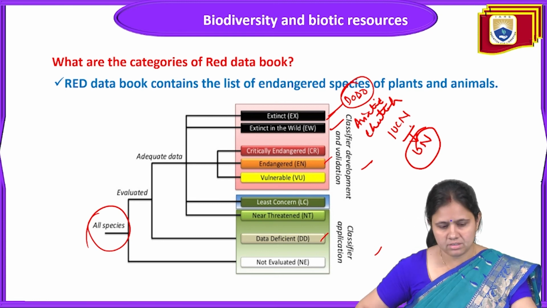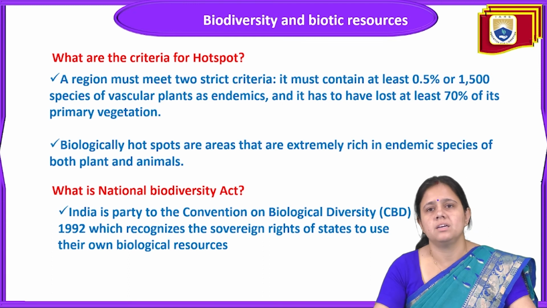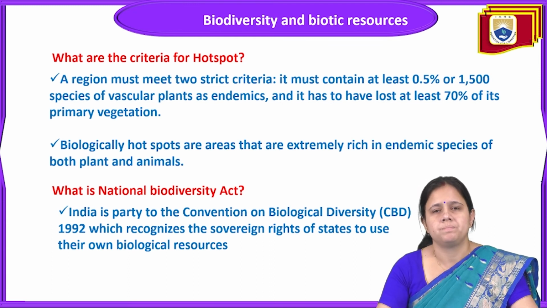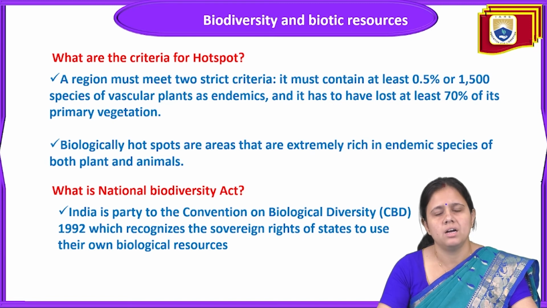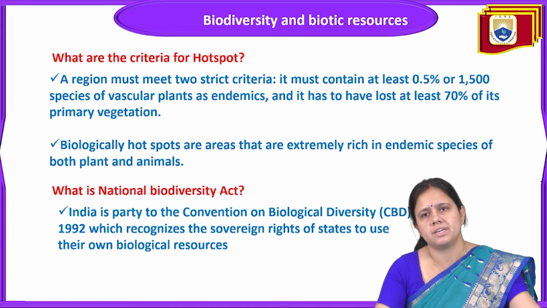Now comes the next definition. What is the criteria for hotspot? Again, we'll come to the point of hotspot, means how a place will become a hotspot. So a region must meet two strict criteria.